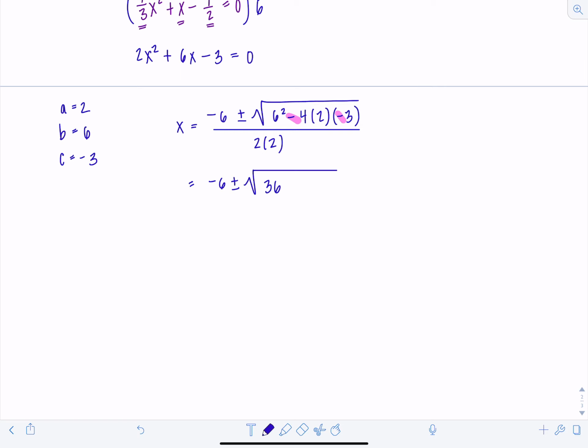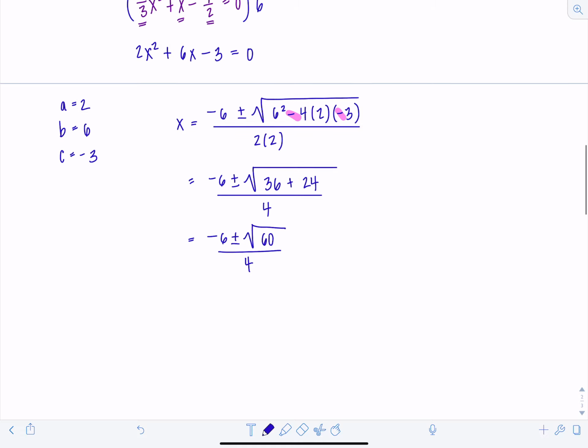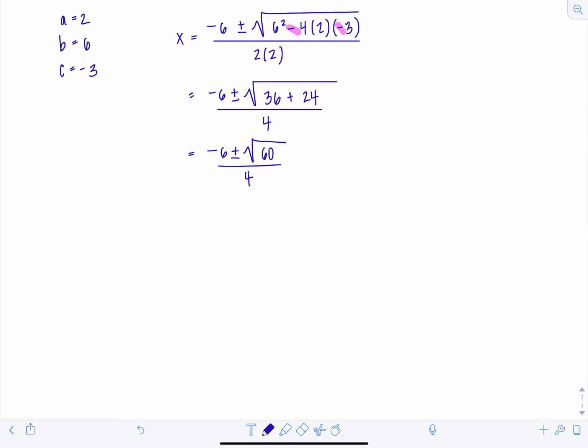So that's going to give me a positive 4 times 2, which is 8, times 3 is 24, over 4. And then adding those two terms together, negative 6 plus or minus the square root of 36 plus 24, that's 60, over 4.